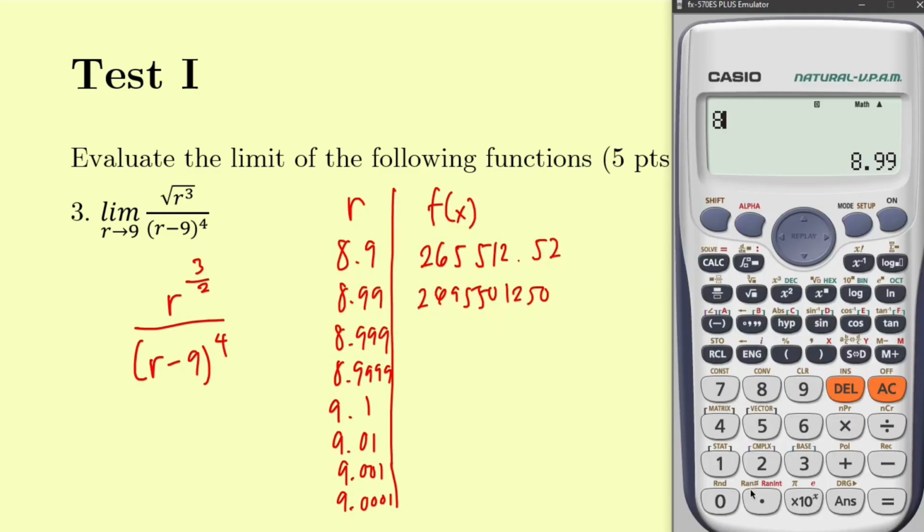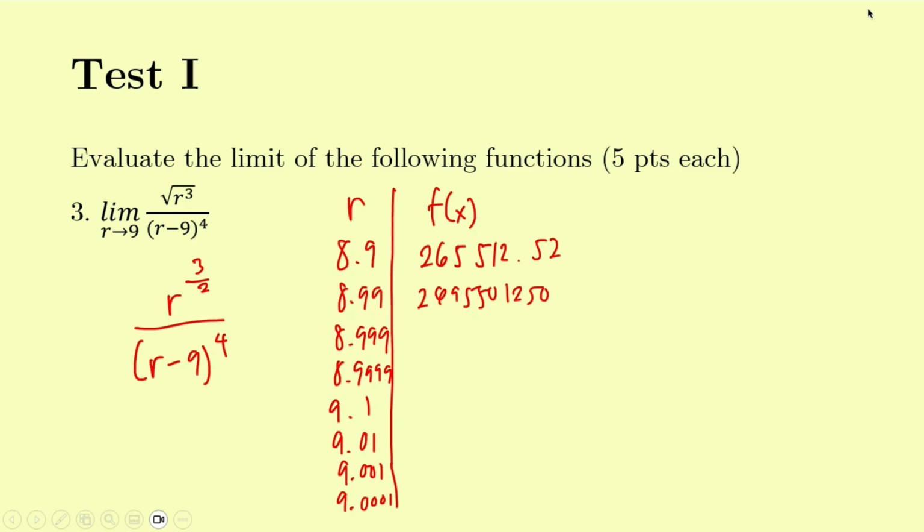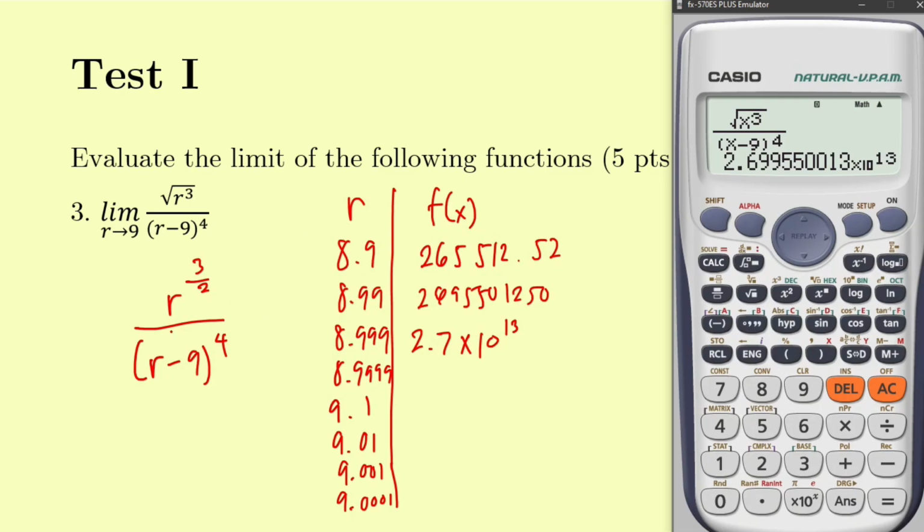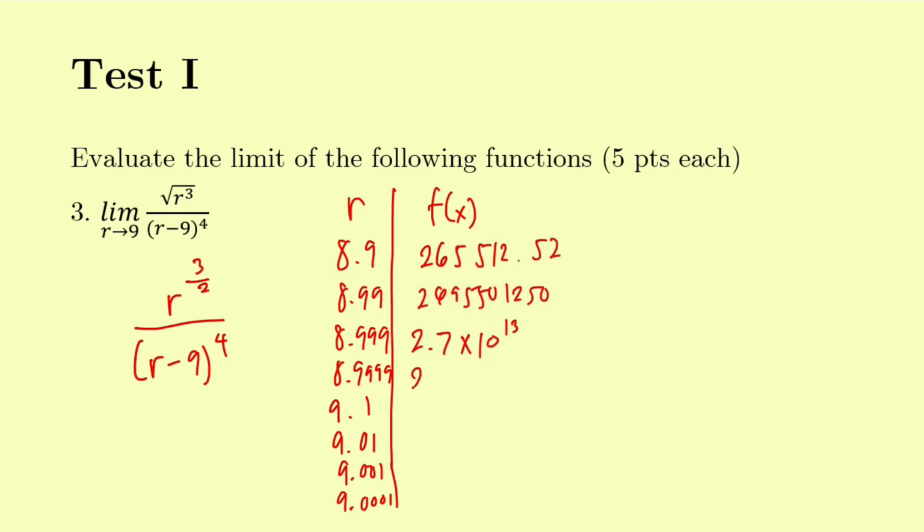Let's try 8.999. Oh, it's a large number. 2.7 times 10 to the 13. That's in scientific notation. Let's see if the value of r is 8.9999. 2.7 times 10 to the 17. So you can see it goes up towards positive infinity.